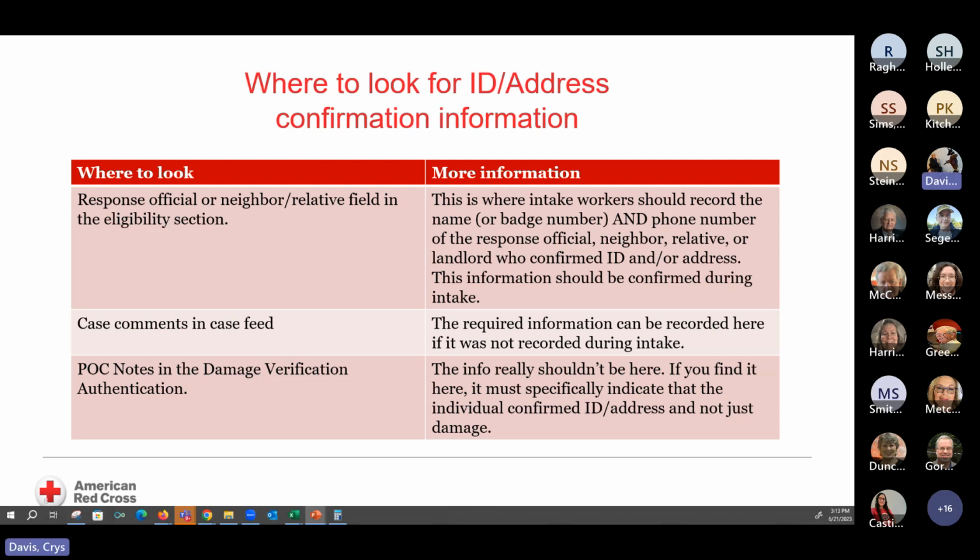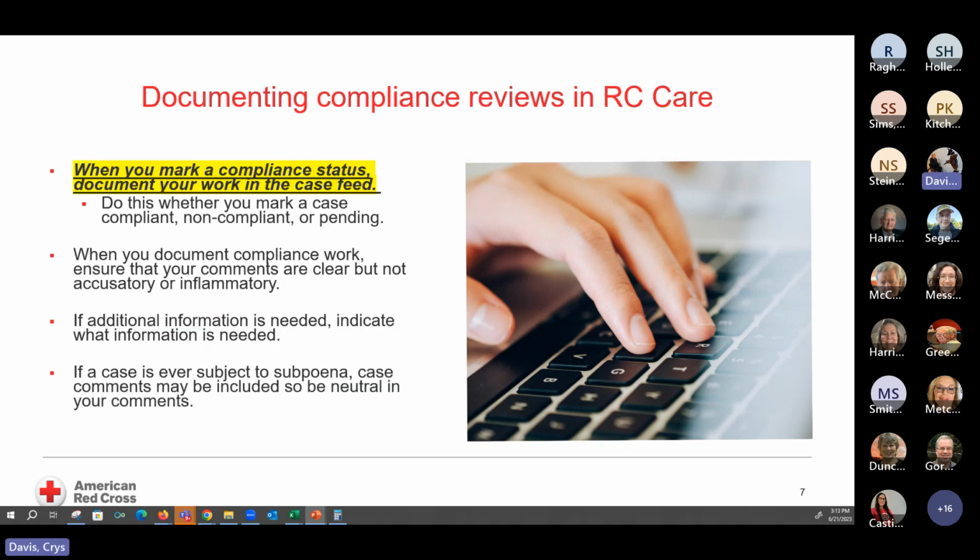Now, we talked about this last month, but remember when you're marking a compliance status, remember to document your work in the case feed. This is regardless of whether you mark a case compliant, non-compliant, or pending. If a case is missing information, it's a best practice to indicate what information is needed, but make sure that your comments are clear, but not accusatory or inflammatory.